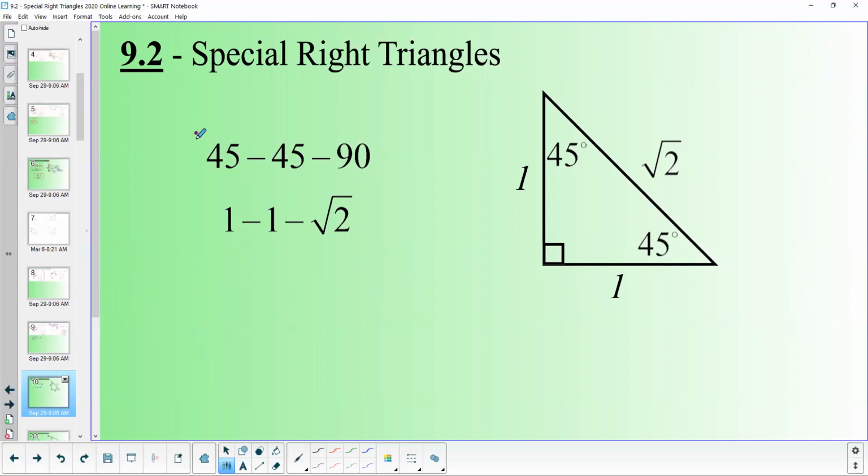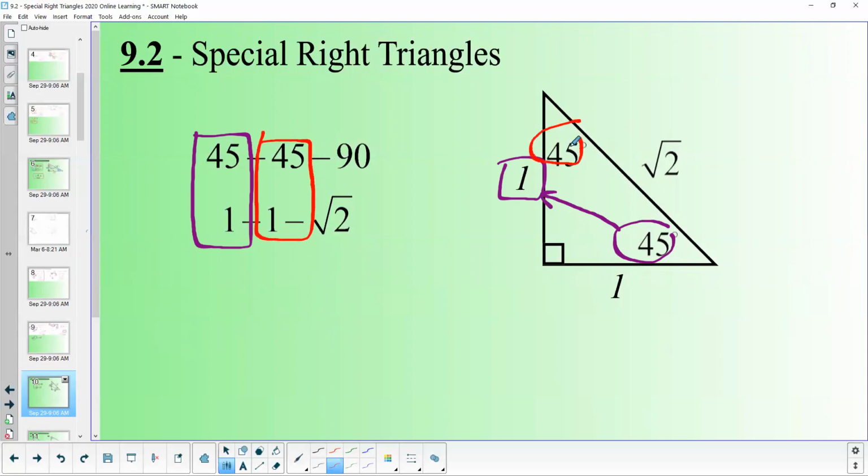And similar to what we said before with 30, 60, 90, you've got the 45, which is the leg. And again, we're trying to pair these up. So you match the 45-degree angle up with the side that's across from it. And then this 45 matches up with this. And these are both the same. And then the right angle matches up with the hypotenuse.